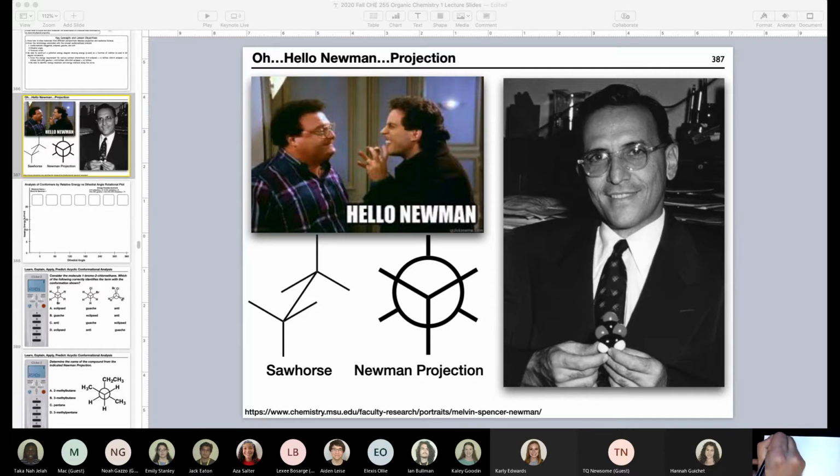So let's just consider ethane. CH3, CH3. It's an alkane, A and E. We have a sigma bond.